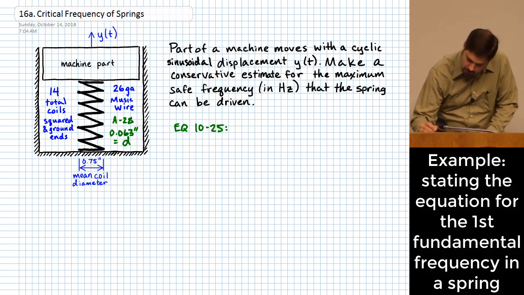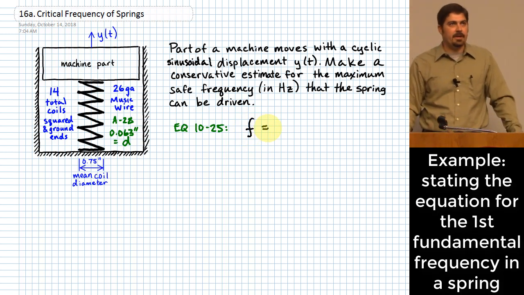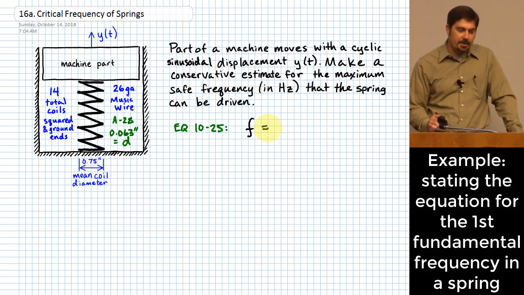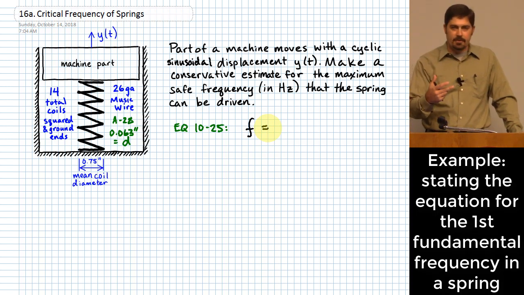That equation says that the frequency, and generally when you see a lowercase f, that means that they're expecting you to be using hertz for the unit. In other words, a whole cycle per second rather than radians per second. Generally, if you want it to be in radians per second, you'll usually see the variable omega. But we have f.